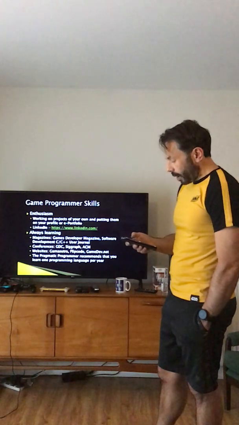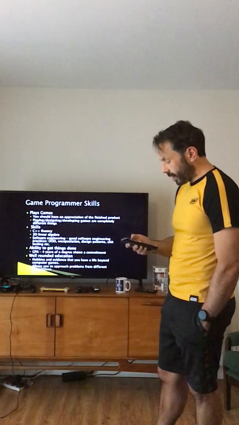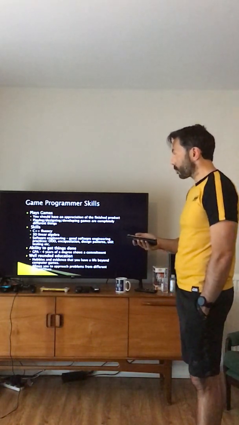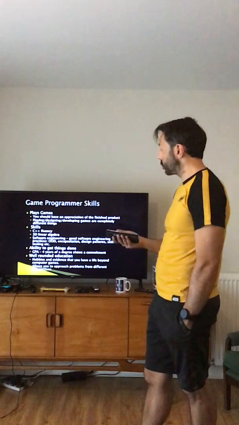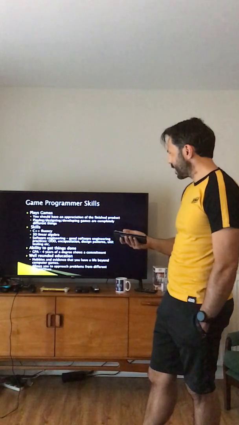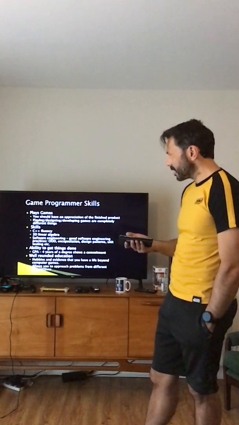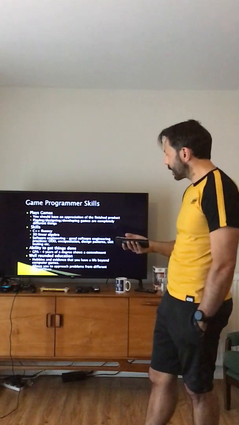So there are different websites, different professional bodies that you should look at in order to keep that relatively current. You should play games, have an appreciation of the finished product. I play games just for research purposes, really. Playing, designing and developing games are completely different. Skills: C#, C++, 3D linear algebra, software engineering, good practices, that sort of thing.